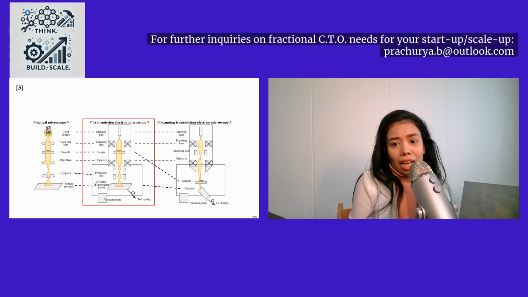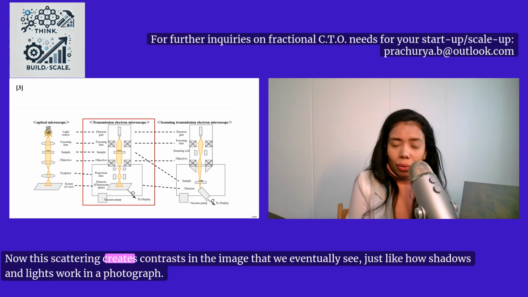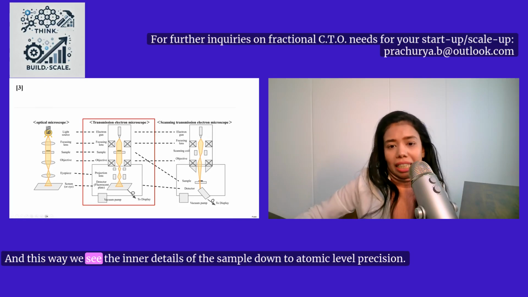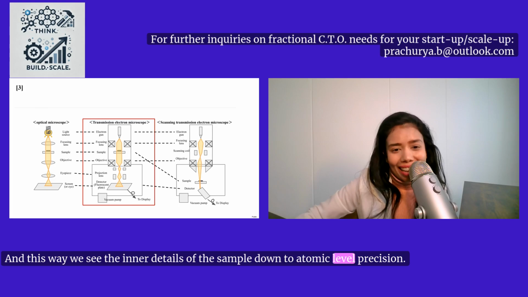This scattering creates contrasts in the image that we eventually see, just like how shadows and light work in a photograph, but of course on a much smaller scale. And this way we see the inner details of the sample down to atomic level precision.